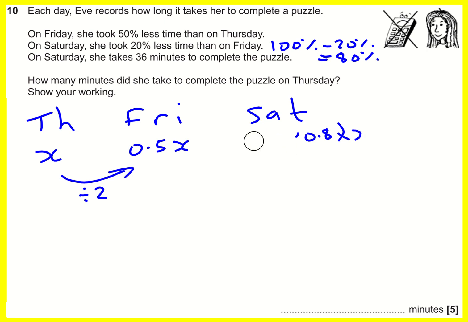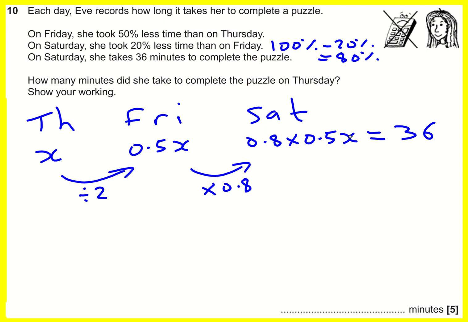I think I probably should have written it as 0.8 times 0.5x first. Okay, and what have we done? Well, this time we've times by 0.8. So we're also told, however, that this is equal to 36.